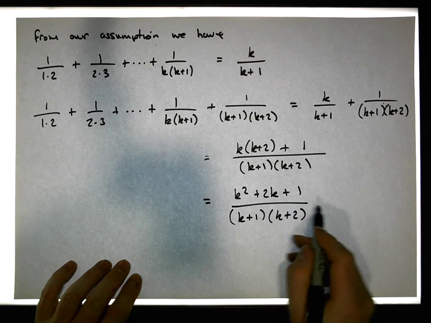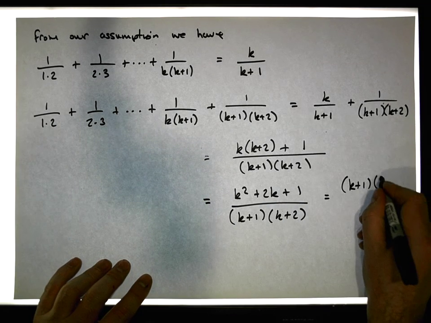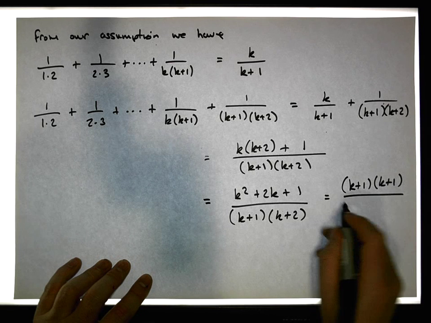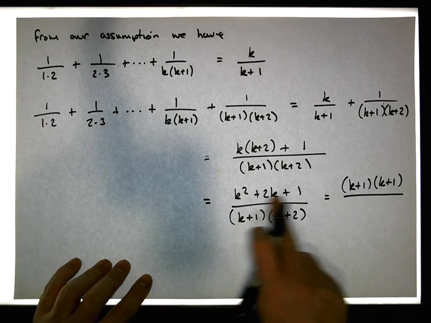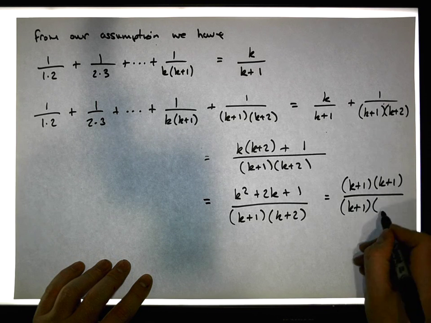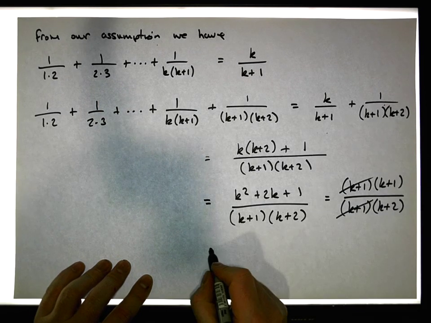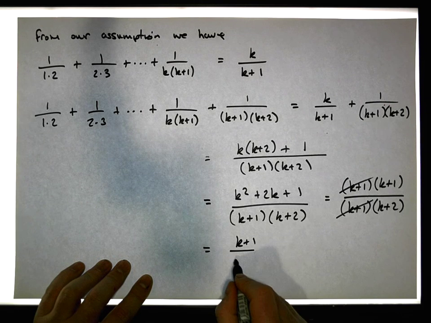That quadratic is actually the same as k plus 1 times k plus 1, because multiplying out the brackets gives us this. Our denominator is the same, and you can see that these two things are cancelling out, which gives us k plus 1 over k plus 2.